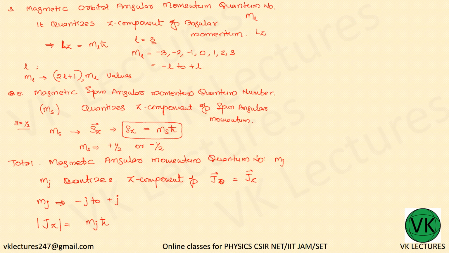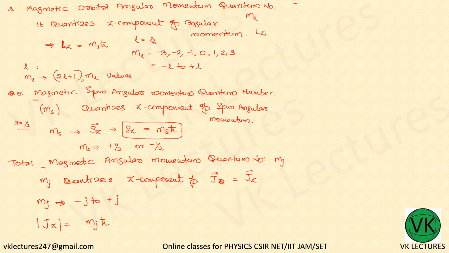We have discussed the magnetic orbital angular momentum quantum number, the magnetic spin angular momentum quantum number and the total magnetic angular momentum quantum number mj.